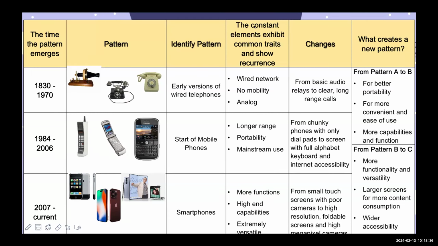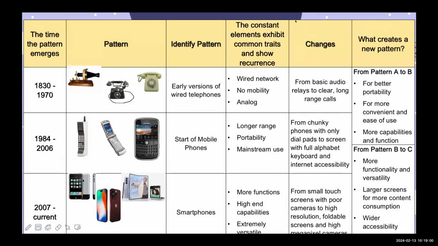What created this new pattern is that telephones could only be used at home. We needed better portability, to call each other not just from our homes but also when we're outside, and also more convenience of use.